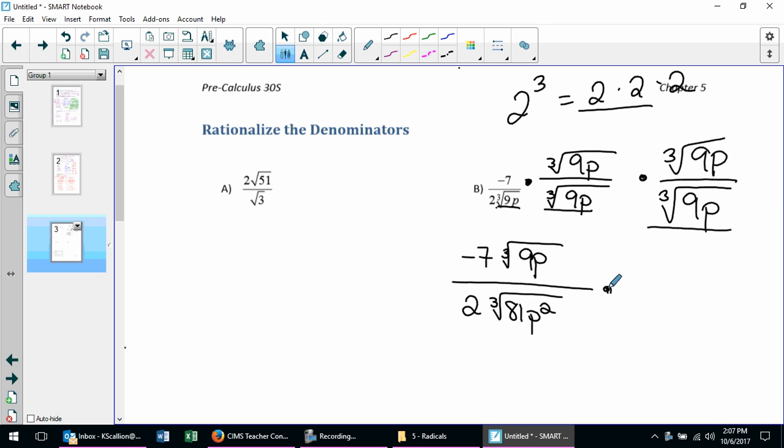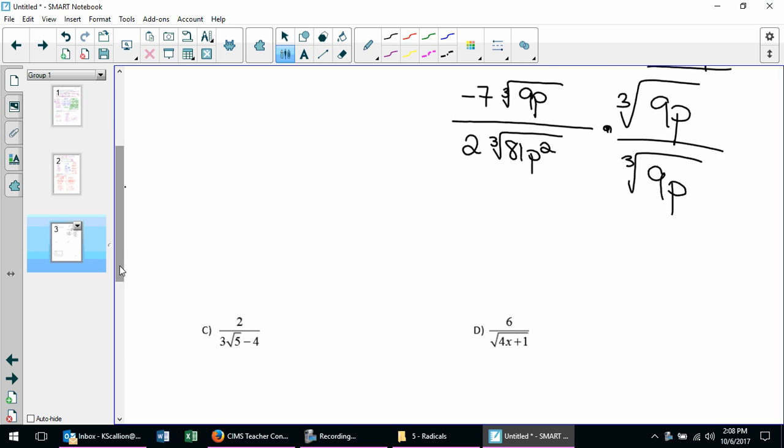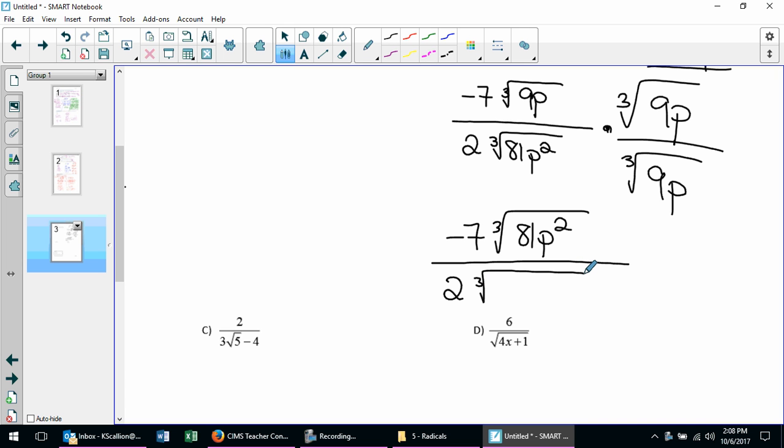So now I have to multiply by that 3rd factor. So -7 cube root of 81p squared all over 2 times the cube root of 9p cubed.